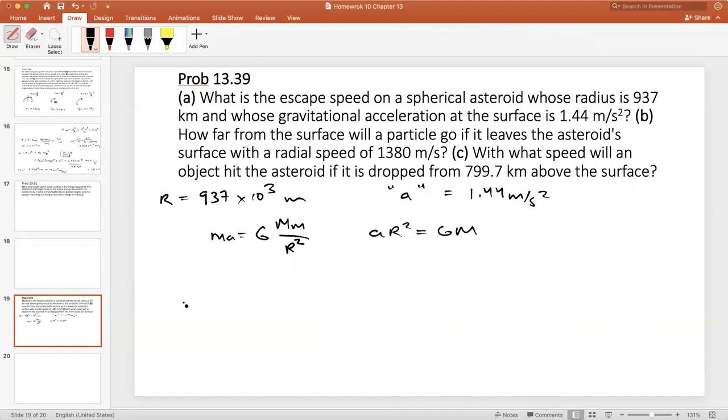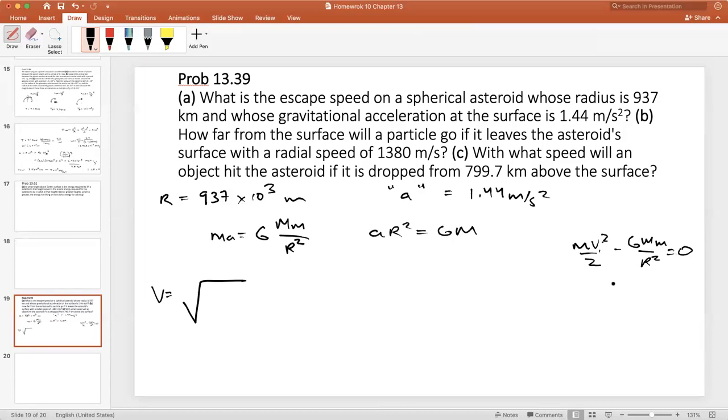Okay. Now, we want the escape speed. And if you don't remember, the escape velocity is the velocity when mv squared minus GMm over r squared is equal to 0. Effectively, when you get really far away, there's no potential energy and there's no kinetic energy, and that's equal to the initial velocity, which is also called the escape velocity.